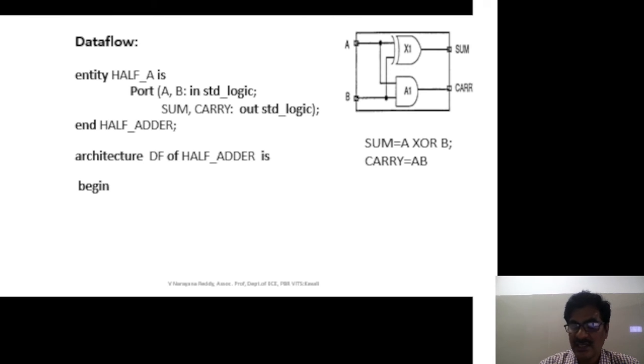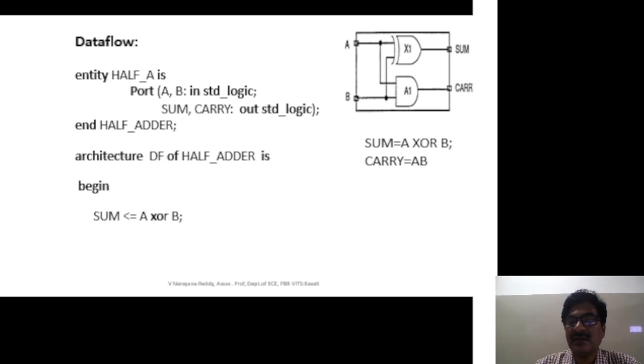Let us see what the signal assignment statement is for the output port sum, that is sum less than equal A XOR B. That means sum is the output port name. Since it is a signal, its assignment symbol is less than equal.